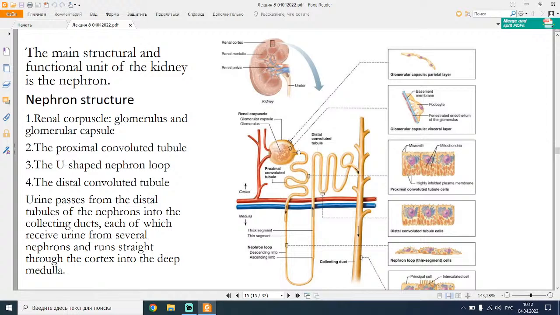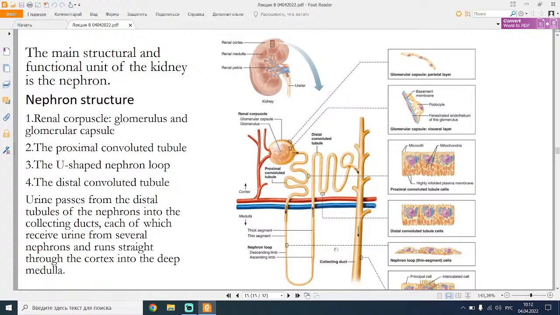Next, the proximal convoluted tubule, and the U-shaped nephron loop, and the distal convoluted tubule.